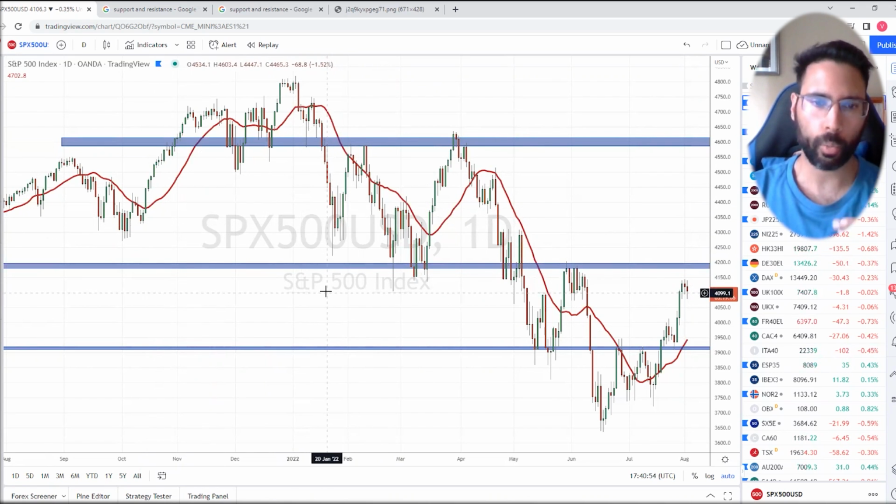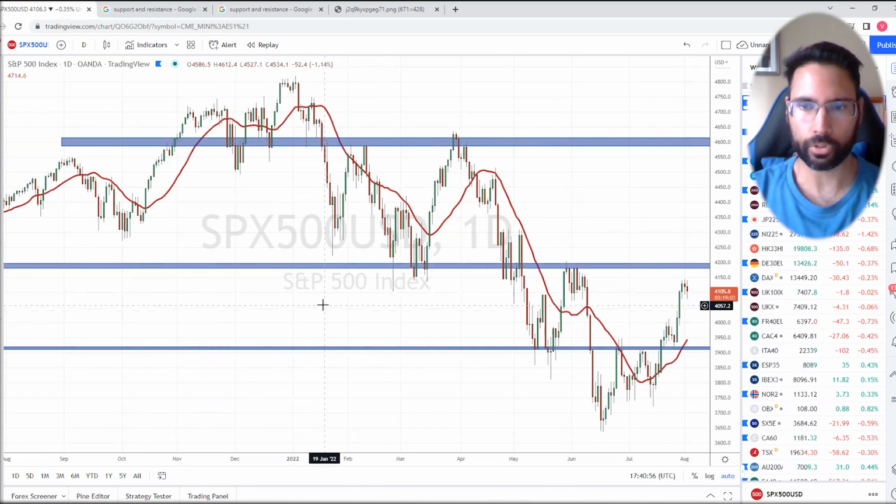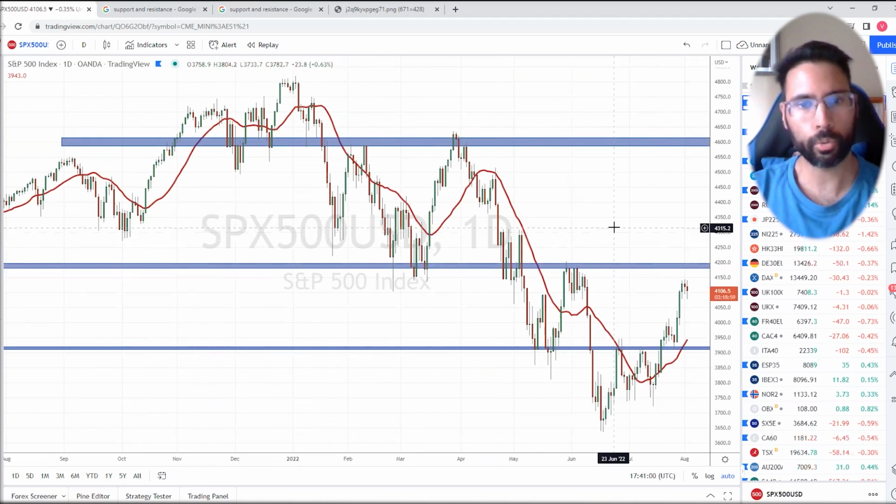But usually what happens is even numbers. For example, 4,200, $1, $2, $5, $10, those levels tend to be very important support and resistance levels. These even numbers just fit nicely.